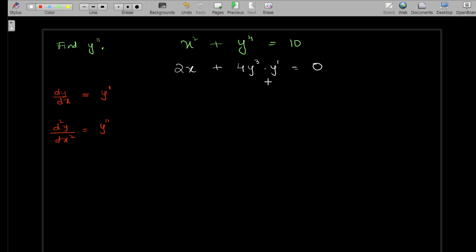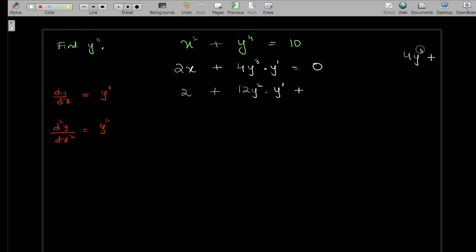Okay, now we have to differentiate it again. So 2 plus 12y squared times y prime, and is equal to... So see, now you will apply product rule here.